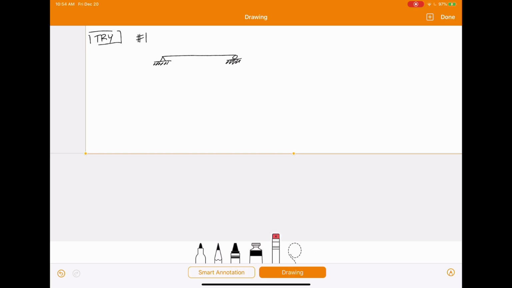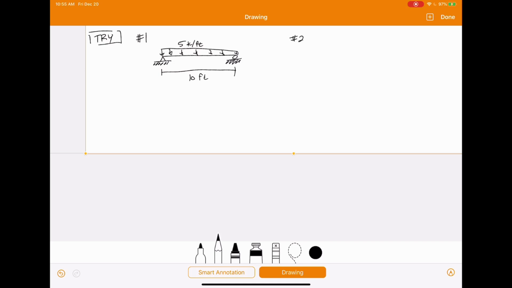And you've got a rectangular distributed load acting on it, magnitude of 5 kips per foot and a length of the beam of 10 feet.